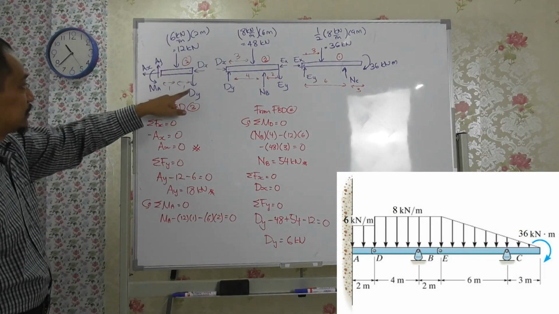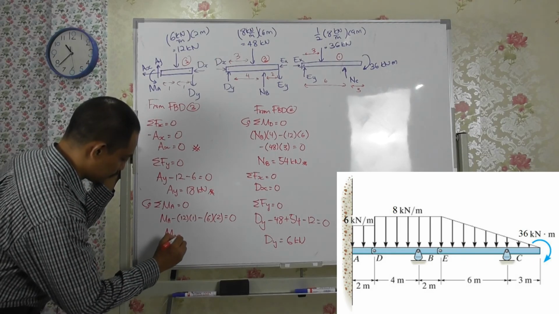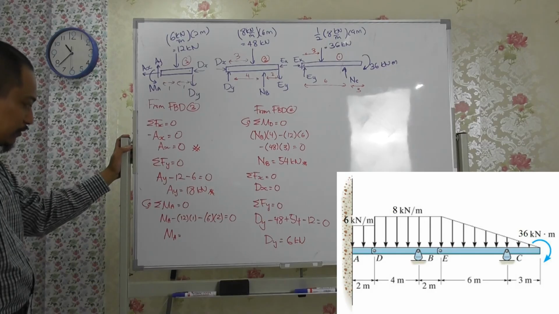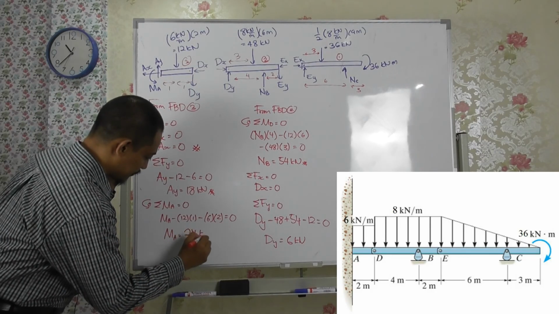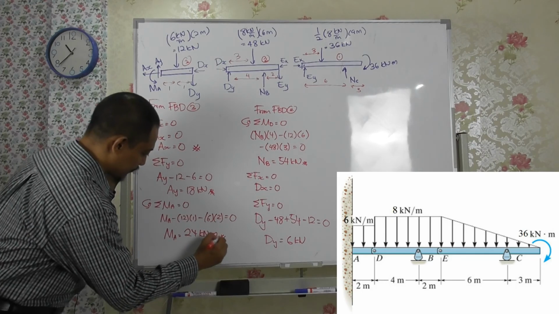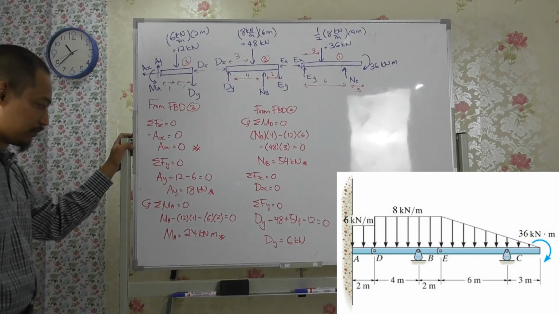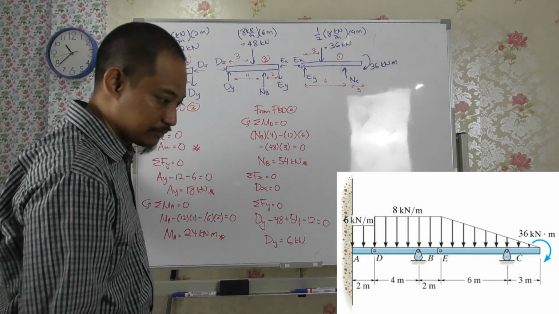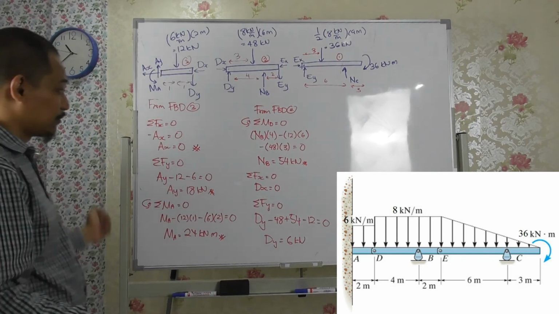So 12 times 1, 6 times 2. Then MA, you will get 12 plus 12, 24, is it? 24 kilonewton meter. Of course, because the assumption is correct, counterclockwise, so you get positive. And then all is solved, right?